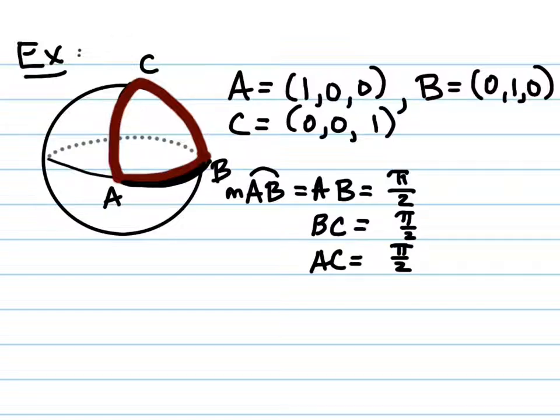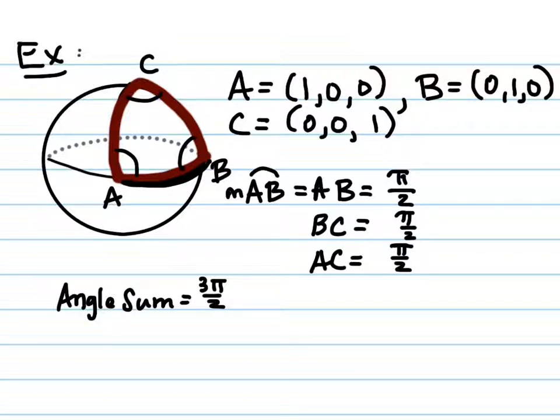So what would the angle sum then be for all of these? What happens when we add them together? Yeah, we get 3 pi over 2. So if I add this angle and this angle and this angle, which are all pi over 2, I would get 3 pi over 2.